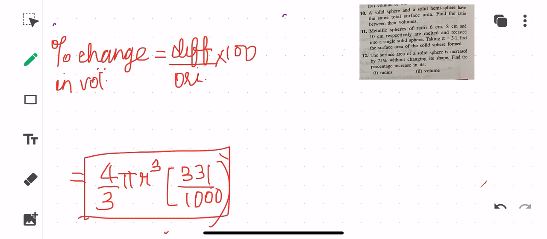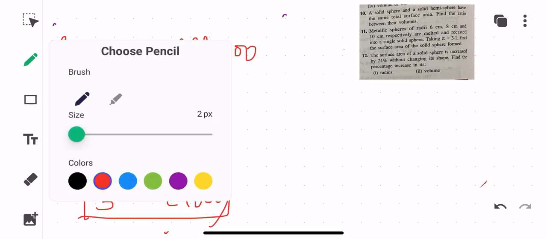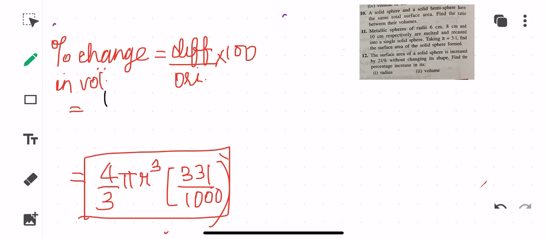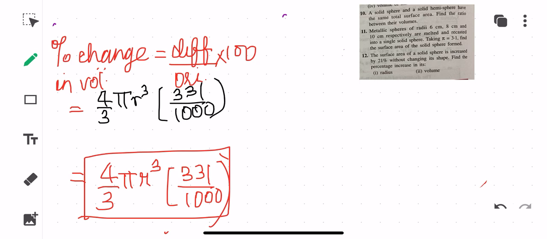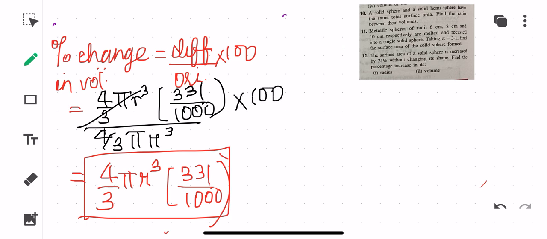This particular thing, so I'll write it here. So this is equal to 4 upon 3 pi r cube into 331 upon 1000, divided by the original, which was what, children? 4 upon 3 pi r cube, into 100. So this total is getting cancelled. So what are you getting here?